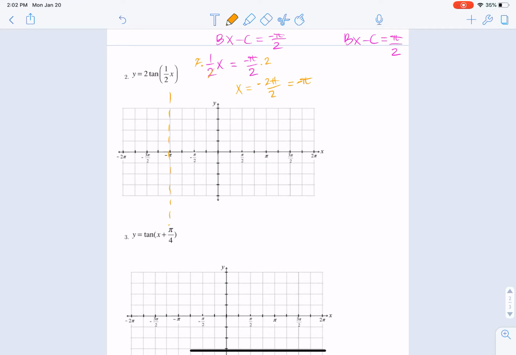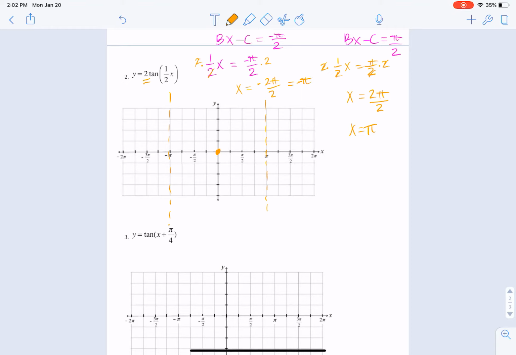My next asymptote will be at 1/2 x is equal to pi over 2. So I can multiply both sides by 2 here and get that x is equal to 2 pi over 2, or x is equal to pi. So I can come over here, and there's my pi. So exactly halfway in between is going to be my x-intercept.